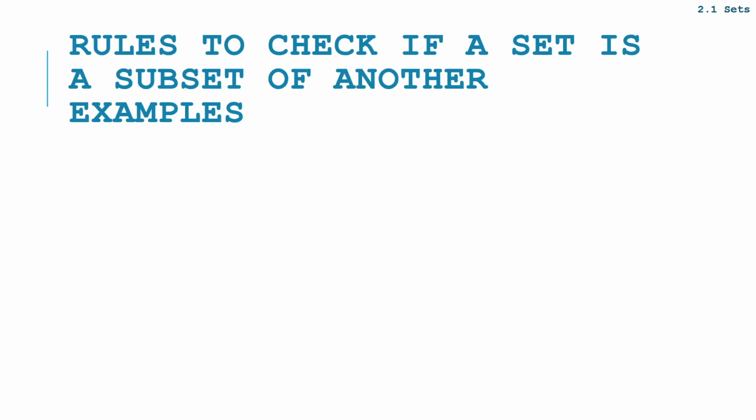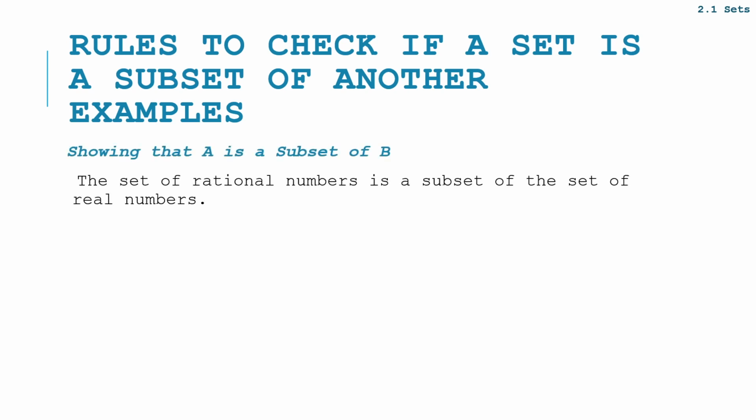Examples for the rules to check if a set is a subset of another. To show that A is a subset of B: the set of rational numbers is a subset of the real numbers because all elements of the rational numbers are elements of the set of real numbers.